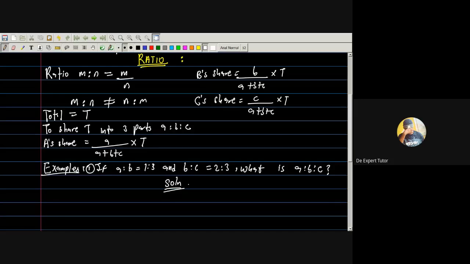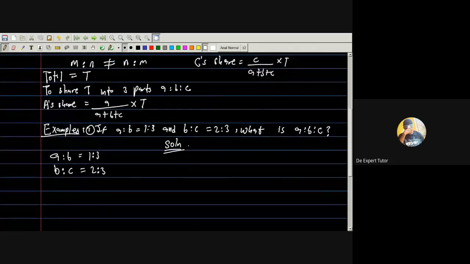Now, we have two ways of solving this problem. See the first way. I have A ratio B to be equal to 1 ratio 3. And for the second one, check it out. I have B ratio C to be equal to 2 ratio 3. Now, this one I'm solving now is method 1. Please pay attention, it is method 1. Let me help you write method 1.